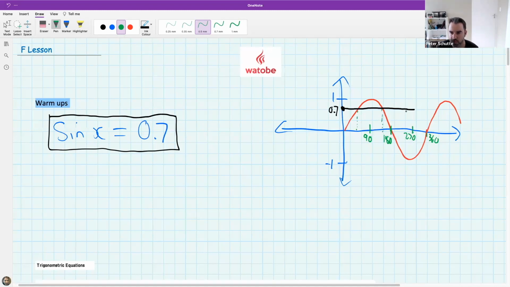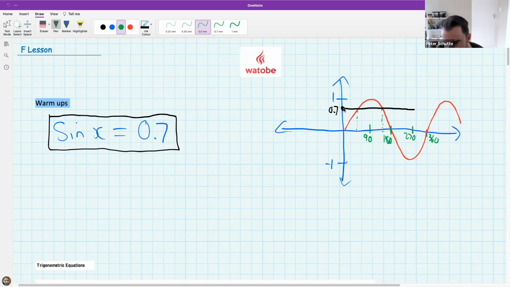Now, there would be more solutions later on, but initially, it looks to me like there are two solutions, one between 0 and 90, the other between 90 and 180. Give me a thumbs up if this visual interpretation of the trig equation makes sense to you. Like the graph is equal to 0.7 somewhere over here on the x input and somewhere over here on the x input.